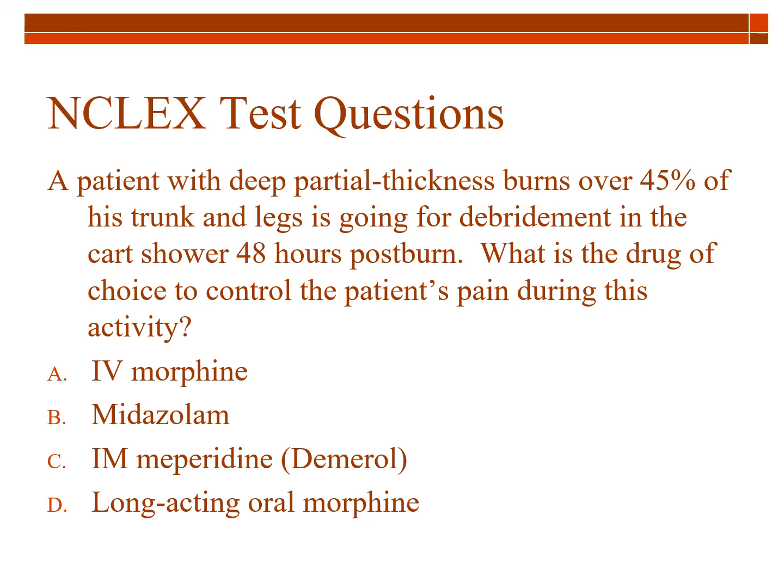The drug of choice is intravenous morphine. Morphine is a drug of choice for pain control, and during the emergent phase, it should be administered intravenously because GI function is impaired and intramuscular injections will not be absorbed adequately.